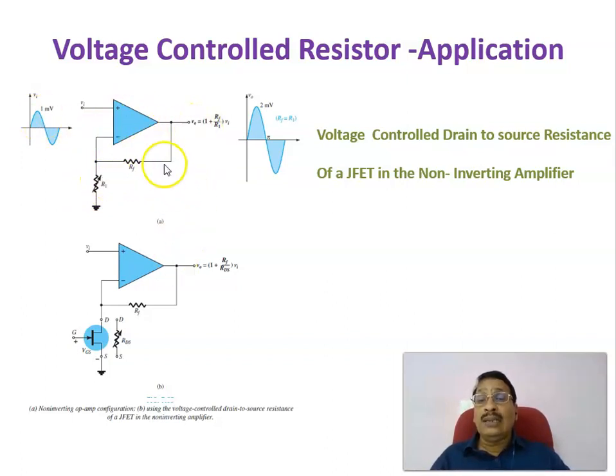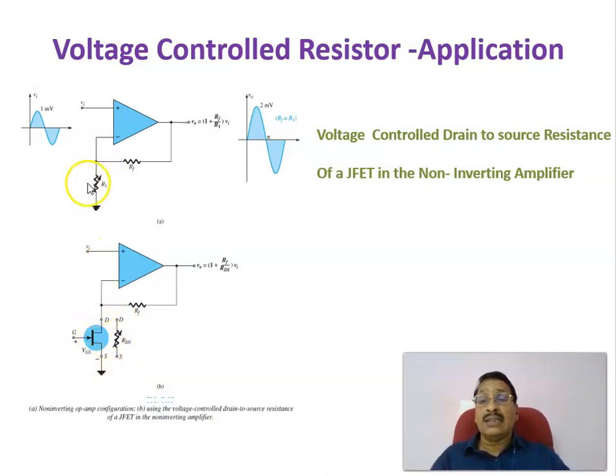Therefore, in order to vary the gain, you are not disturbing the feedback resistance, you will be changing the value of this resistance R1. Therefore, 1 plus RF divided by R1 is the gain of the amplifier. By changing the value of R1, you can vary the gain of this amplifier. By using a voltage controlled JFET, the drain to source resistance can be changed. We connect a JFET made to work in the ohmic region, in which by controlling the gate to source voltage, you can vary the resistance at the input side.